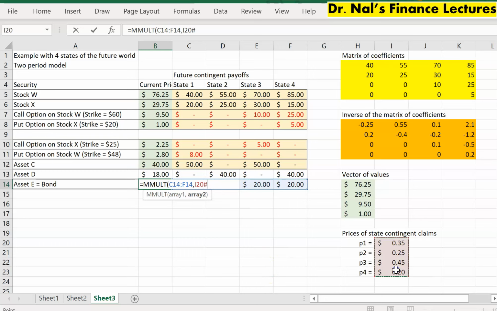I don't know why it didn't work. Okay, that's weird. Why would I pay $25 for something which will pay me in the future $20 regardless? Okay, there's a typo there for sure. Let me see where I'm messing up here.